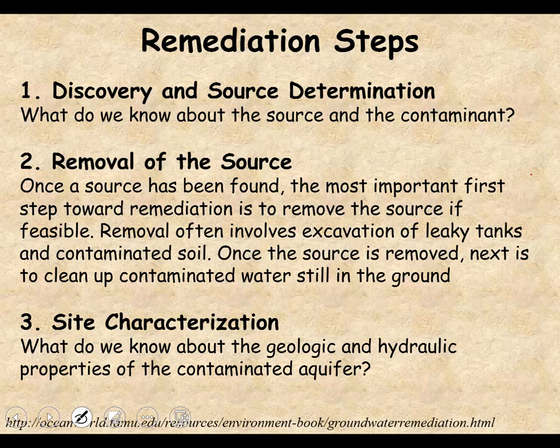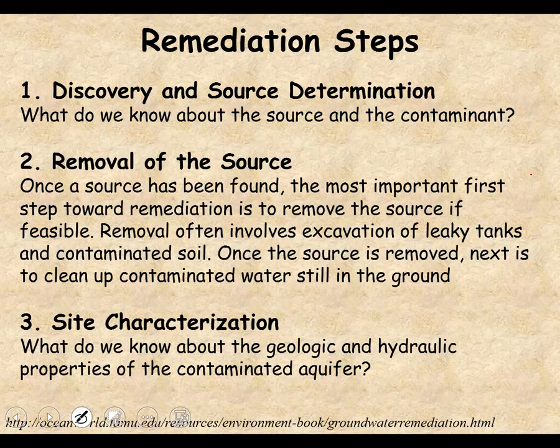That may be a mechanical breakdown, but it happens. Okay, so we've identified a problem. We've got a leaking point source. So what are the steps we go through as environmental scientists or engineers? Well, first of all, we have to discover the source and determine what it is. What do we know about the source? What kind of material is being leaked and where is it?